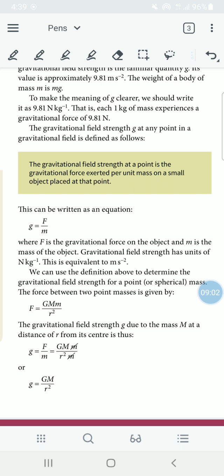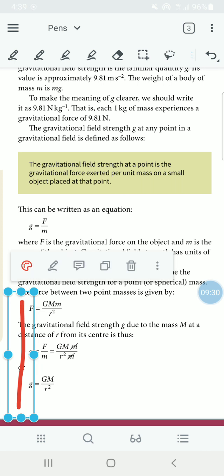And please write down from here. If you have any doubts or questions, please raise them. F equals G capital M small m upon r squared, and then you combine them. You write F is G M m over r squared divided by m, then m and m get cancelled out. As a result, you are left with small g equals capital G M upon r squared.